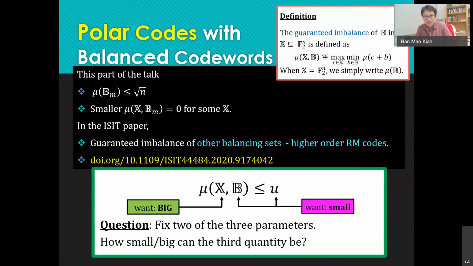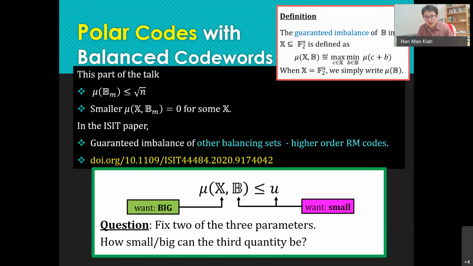In our ISIT paper, we did not use the polynomial description to get an upper bound on the imbalance. Instead, what we did was to look at its geometry. We used the affine geometry representation.